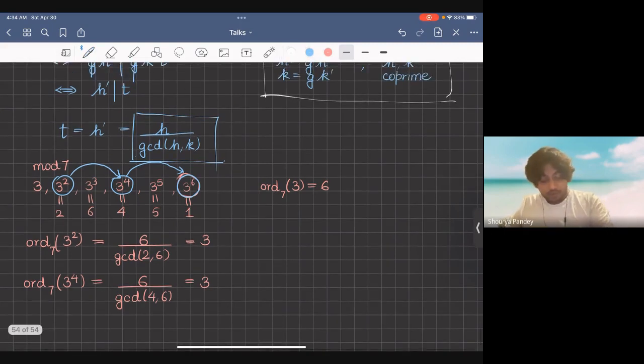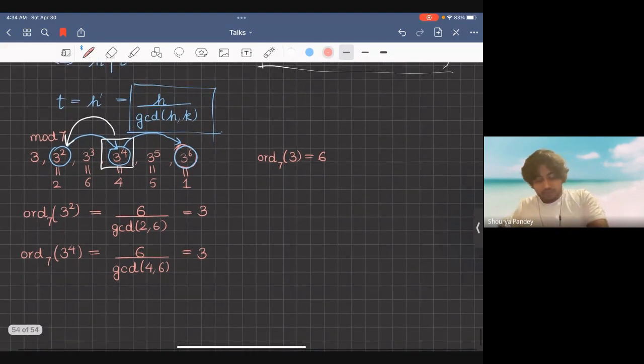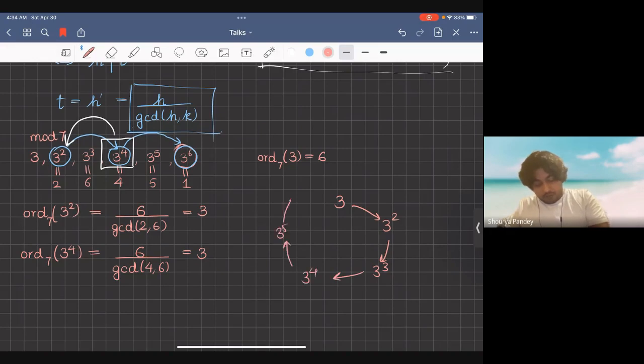So we start with 3 to the 4. If you square it, you get 3 to the 8. But 3 to the 8 is the same as 3 square, right? Maybe it's easier if I write this in a circle: 3 square, 3 cube, 3 to the 4, 3 to the 5, 3 to the 6, which is 1, and then back to 3.